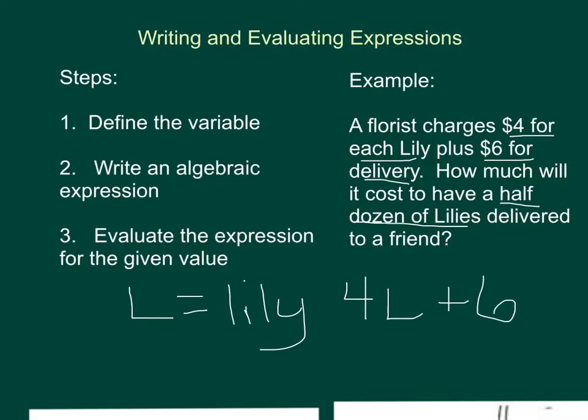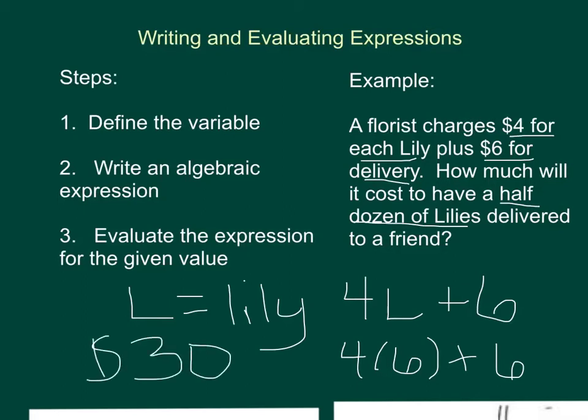Now I want to know how much it costs for half a dozen lilies to be delivered. Half of a dozen is 6, so I do 4 times 6 plus 6. 4 times 6 is 24, plus 6 is 30. Therefore, it would cost $30 to have half a dozen lilies delivered.